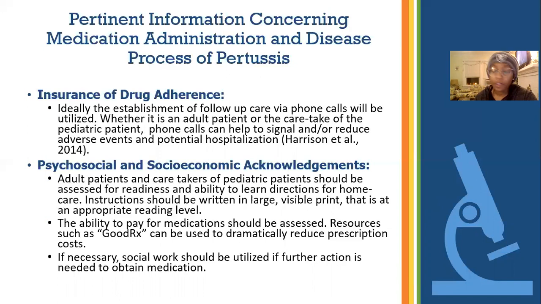Also, finances, socioeconomic status. Antibiotics can sometimes be a little bit expensive. I actually went on GoodRx before I started recording this to see how much azithromycin would be. With the coupon, it brought it down to $9.02.